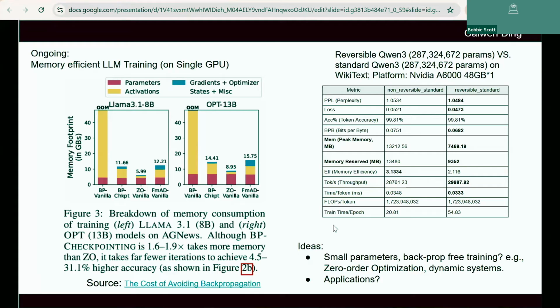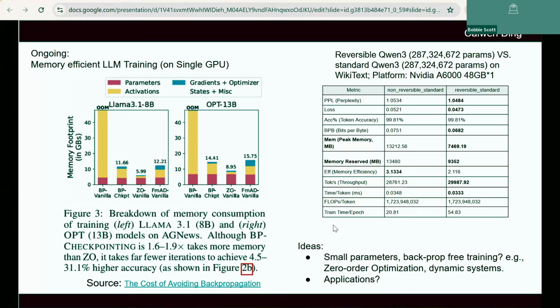So how do we address these fundamental scalability issues? Either we look for very small natural language models, or we need to identify other backpropagation-free training methods.